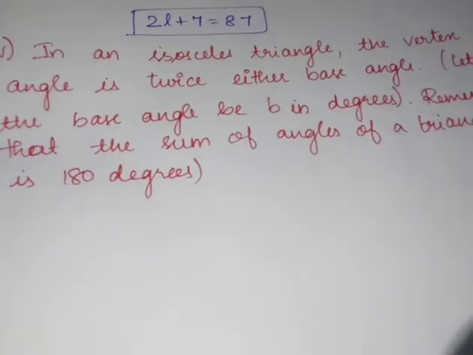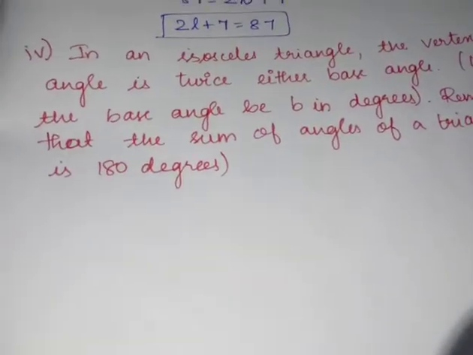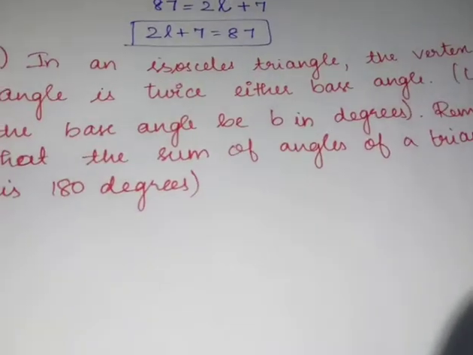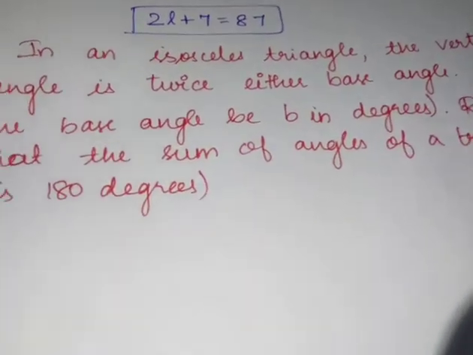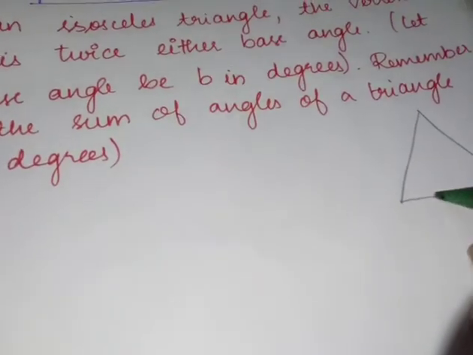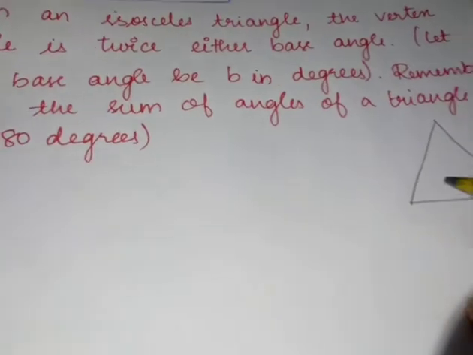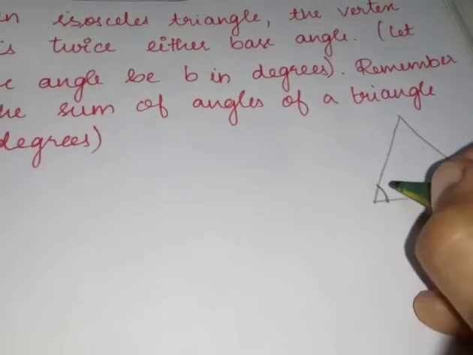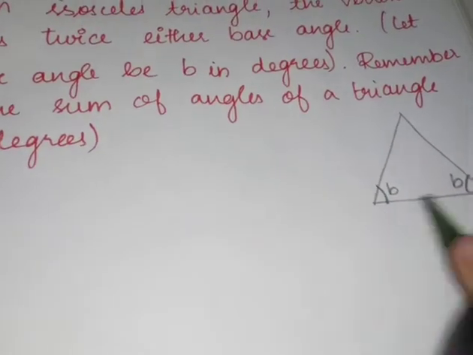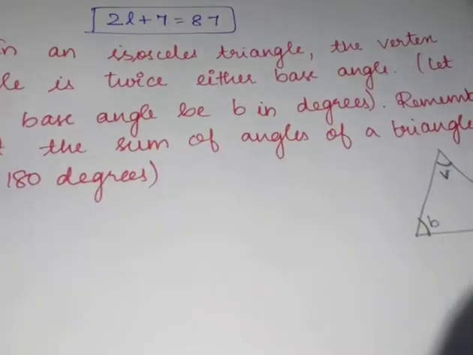In an isosceles triangle, what does it mean? Any two sides of the triangle will be equal. Let us consider this triangle as an isosceles triangle. In this, these two are base angles and this is your vertex angle.